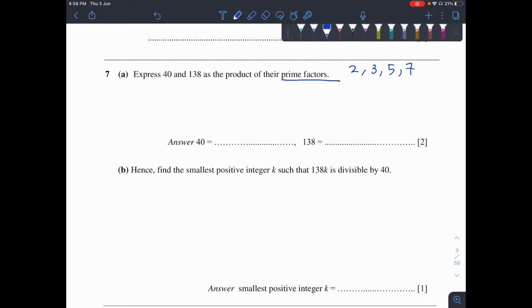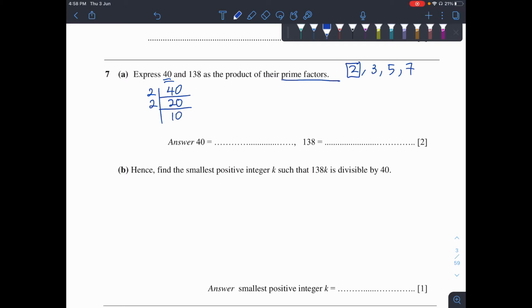So for example, for 40, okay, what we can do is that we draw something like this, okay, and we put 40 over here. So after this, you will find that you must start with the smallest prime number, which is 2. So 40 divided by 2 over here will give you 20. And we see that 20 can also be divided by 2, okay, which will give you 10.